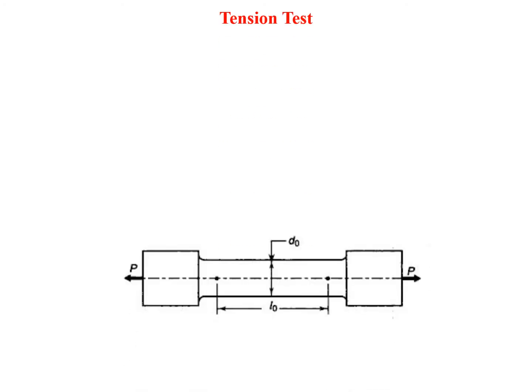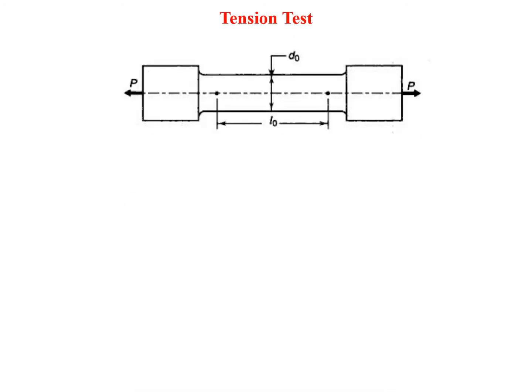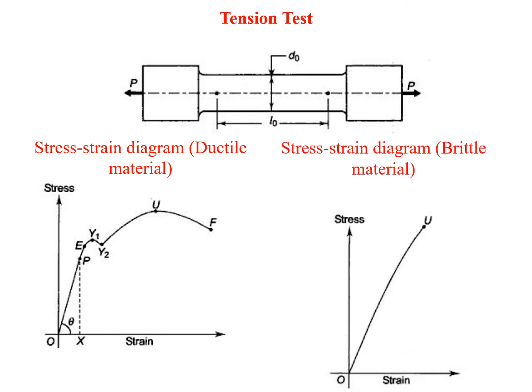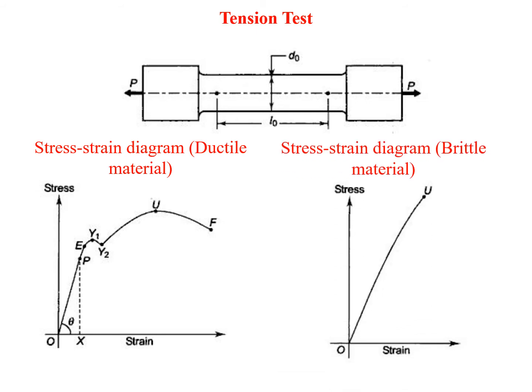Coming to the tension test, usually done in a universal testing machine, we can see the stress-strain diagram for ductile and brittle materials as shown in the slides. You find stress is proportional to strain.